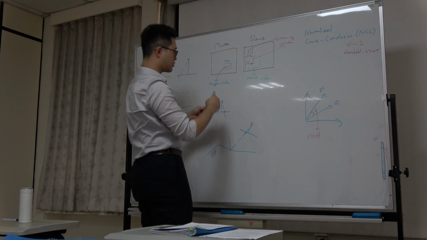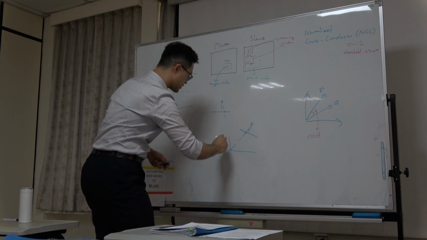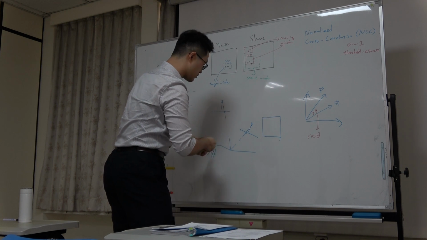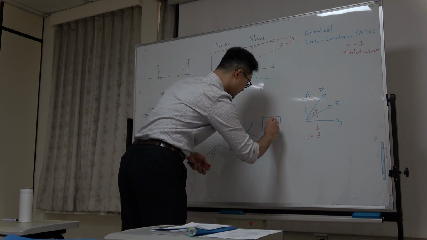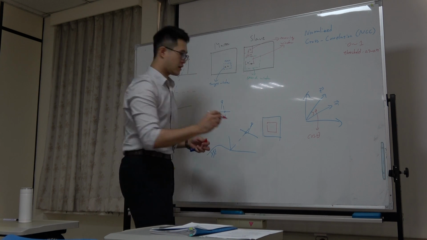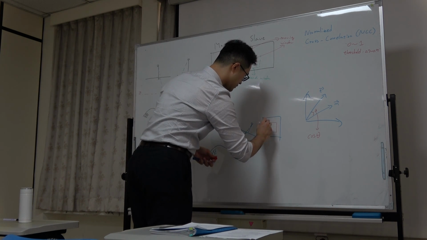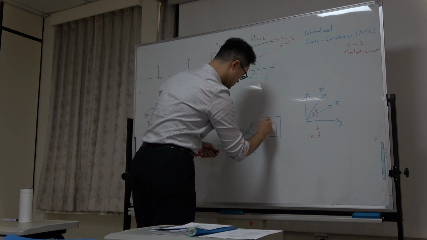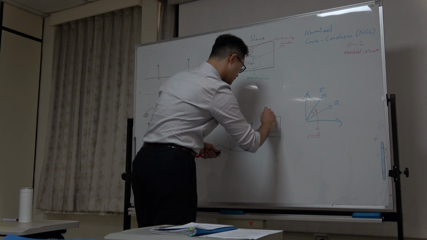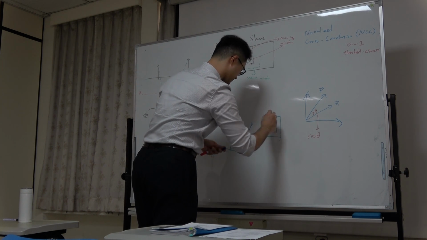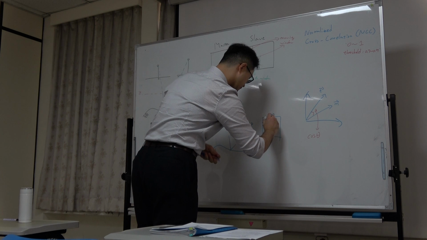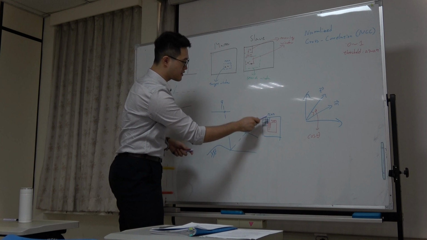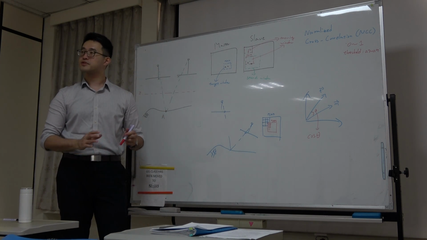For example, one could cover this region, and the other one could only cover this region, even though they have the same image size, they are both n by n.